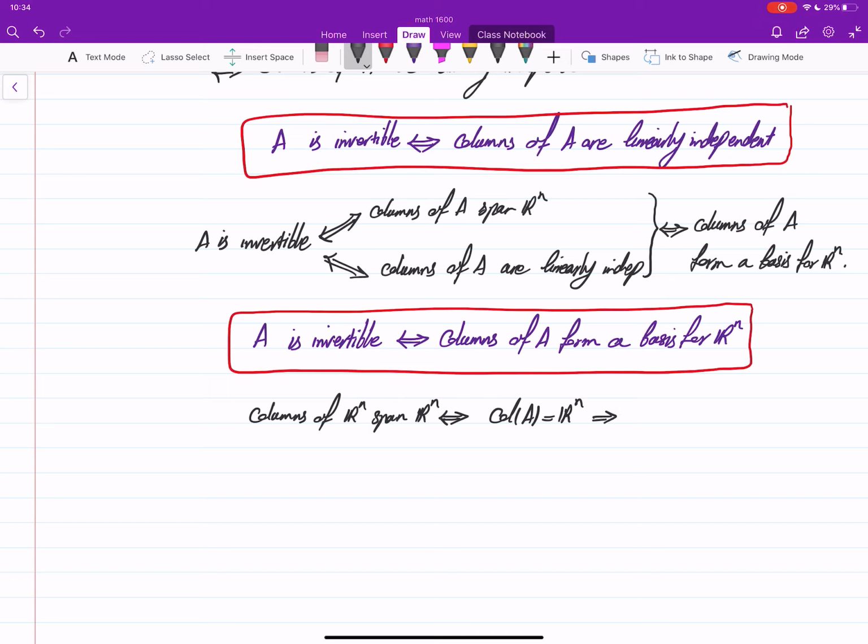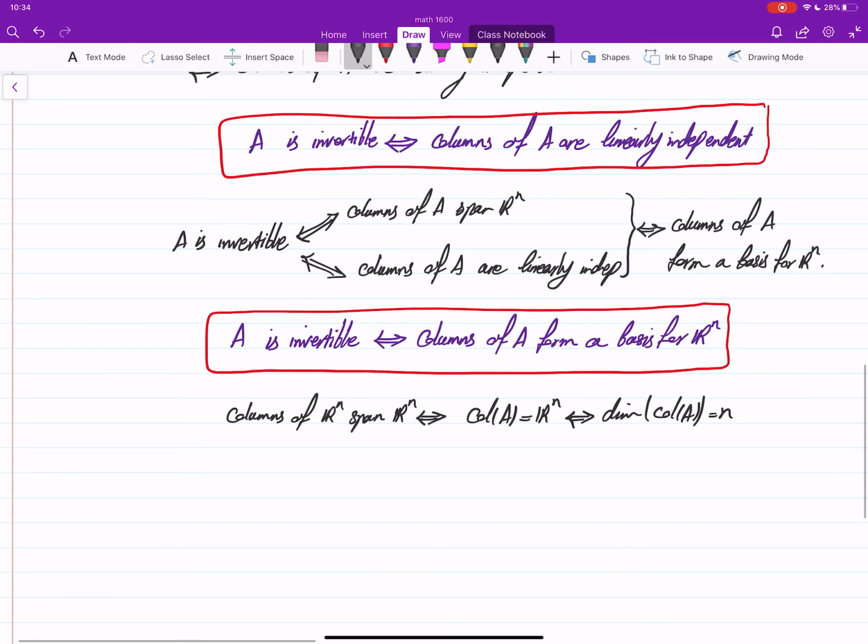And Rn is n-dimensional, so the dimension of the column space of A is n. We have a name for the dimension of the column space. That is the rank of A.